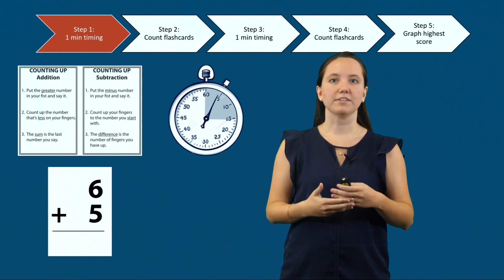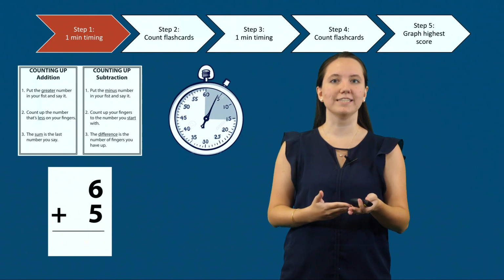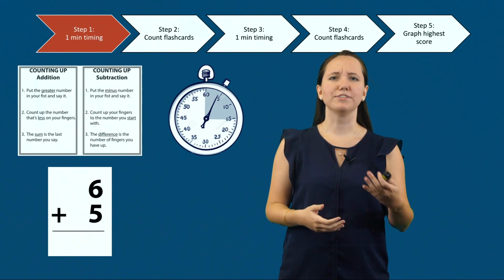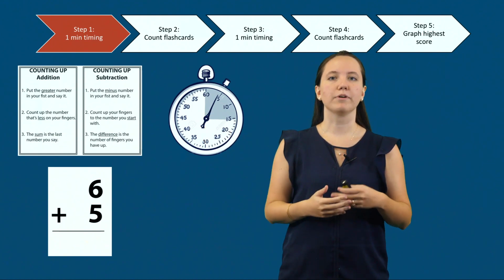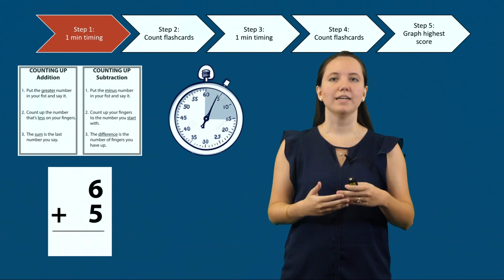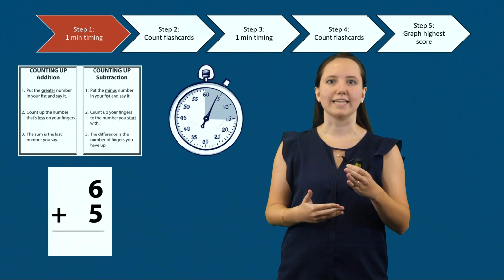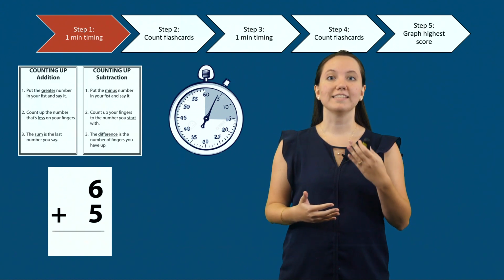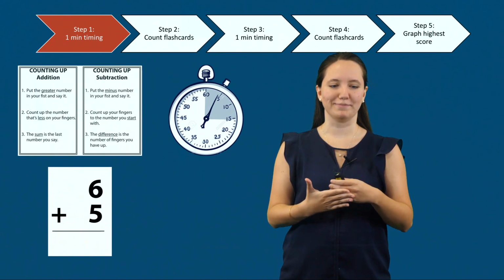If the student answers the flashcard correctly, the teacher puts the flashcard in a correct discard pile on the table. If the student answers incorrectly, the teacher uses the counting up strategies and prompts the student to solve the problem correctly. Once the student has solved the problem, the teacher puts the flashcard in the correct discard pile and moves on to the second student. The second student then repeats the same process.